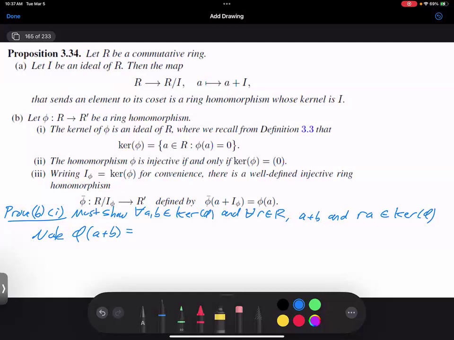And phi is a ring homomorphism from R to R prime. Good. And so why is it phi of A plus phi of B? Because it's a ring homomorphism. And for a ring homomorphism, phi of a sum is the sum of the phis.